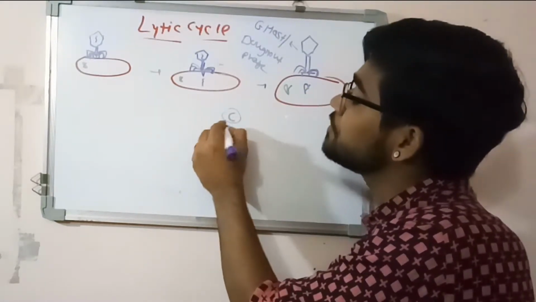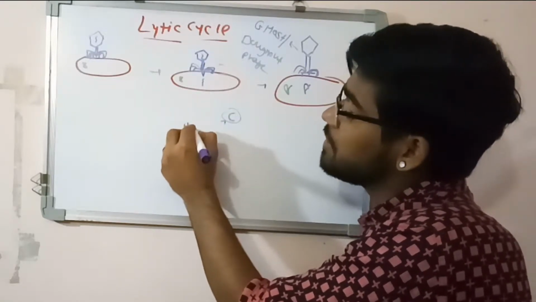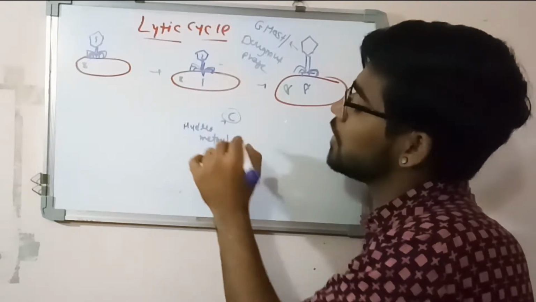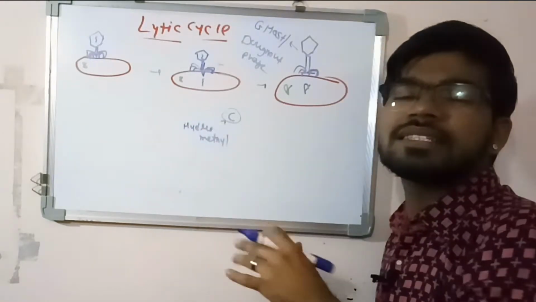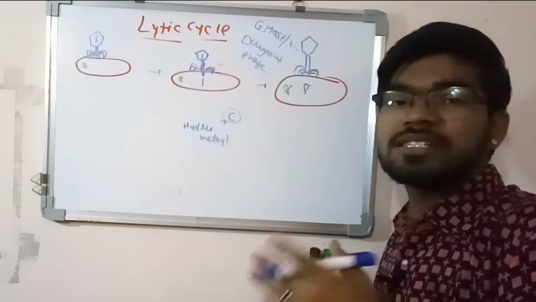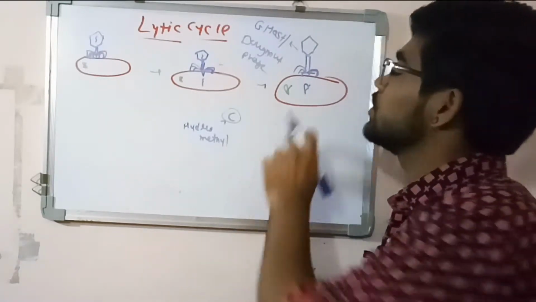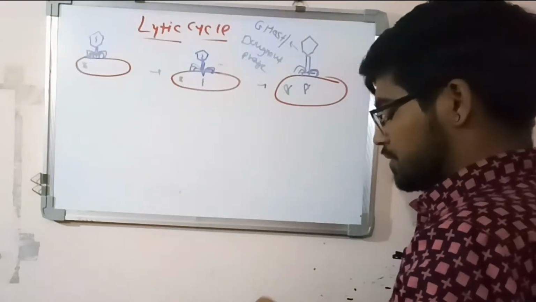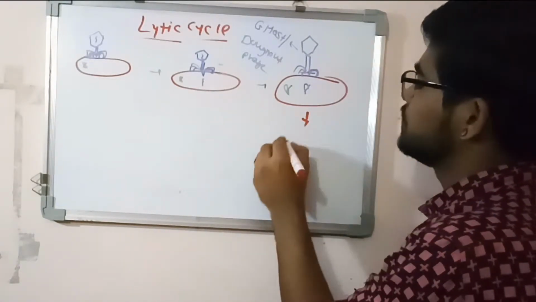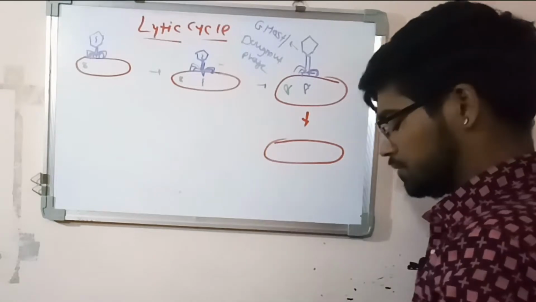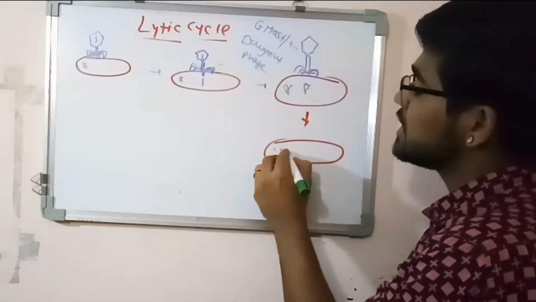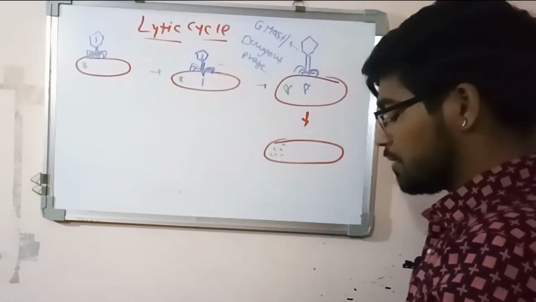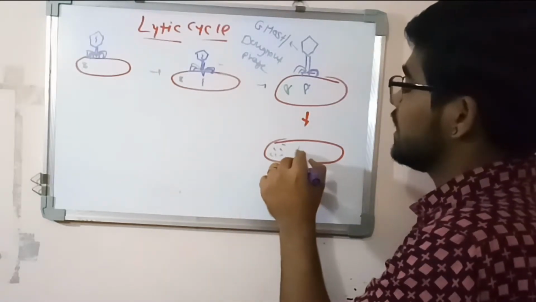It is bound with a hydroxymethyl group. Due to this, the nuclease clearly identifies which material is its own and which is the opposite. So it breaks down the E. coli genetic material. The E. coli genetic material is now fragmented, and the whole control of the cell is now under the bacteriophage DNA.